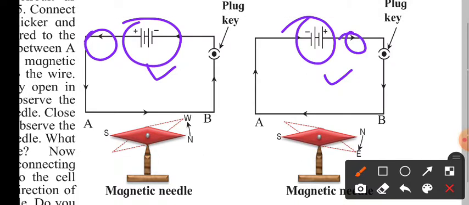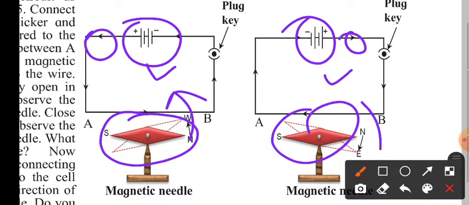And due to that, what happened? The magnetic needle deflects. You can see this one deflecting this way, whereas this one is deflecting downward from the north. So this reversal in the magnetic needle's movement is because of the direction of the electric current.